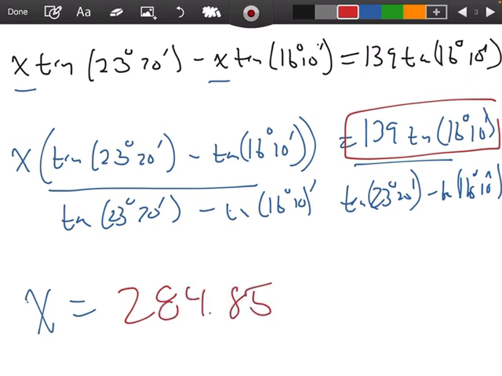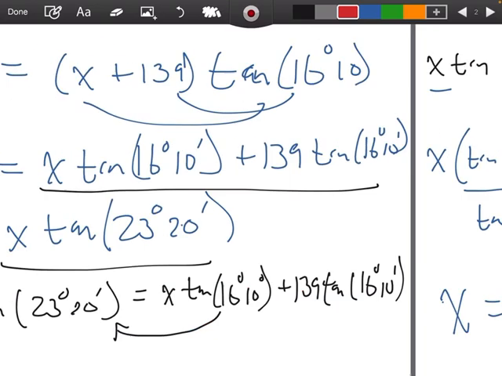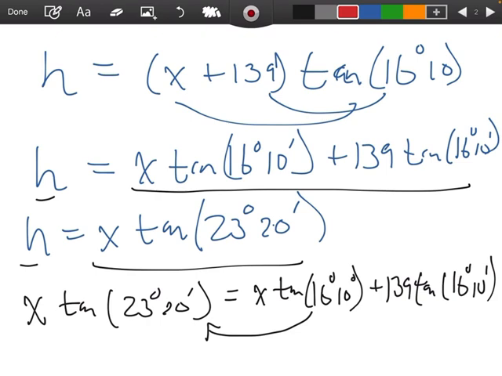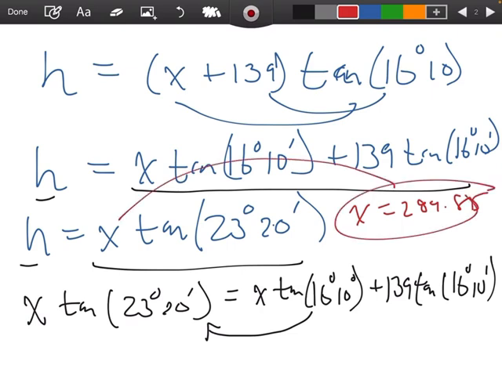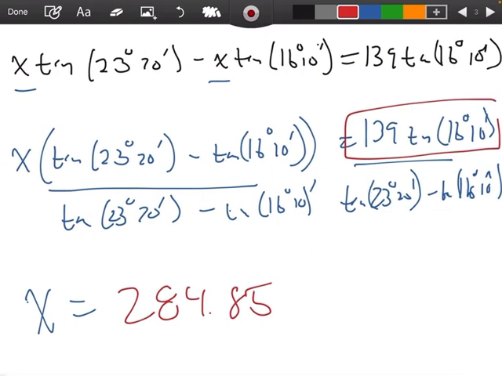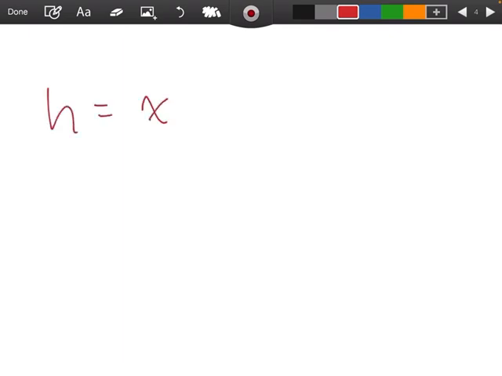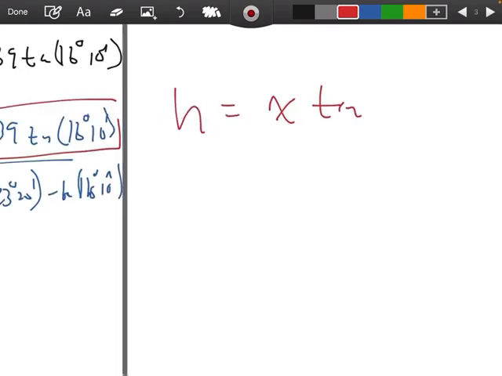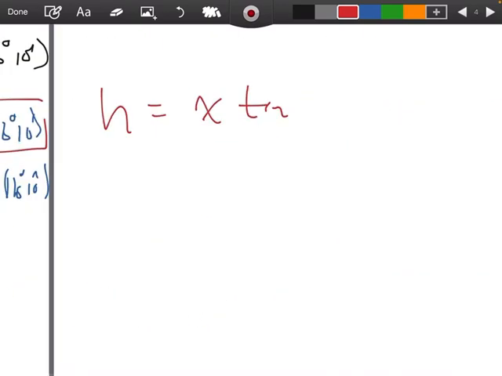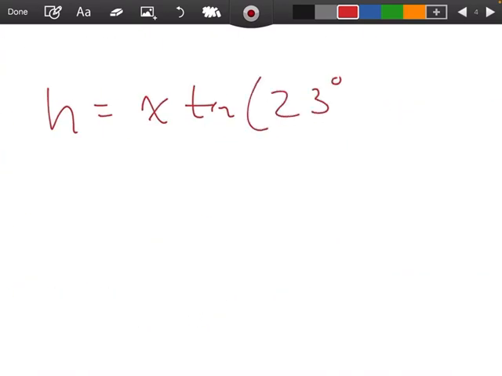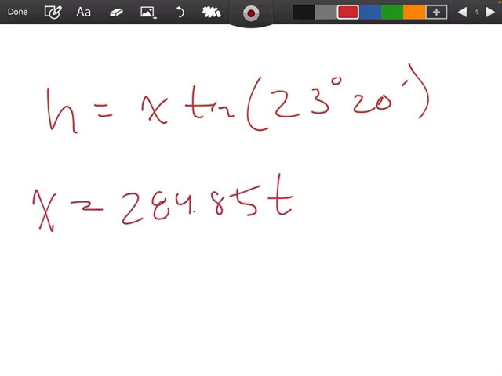284.85. Now that we have that, remember, we're trying to find the height. We just found that x was 284.85. Now we can substitute that in here. We said that h is equal to x times the tangent of 23 degrees, 20 minutes. So h is 284.85 times the tangent of 23 degrees, 20 minutes.